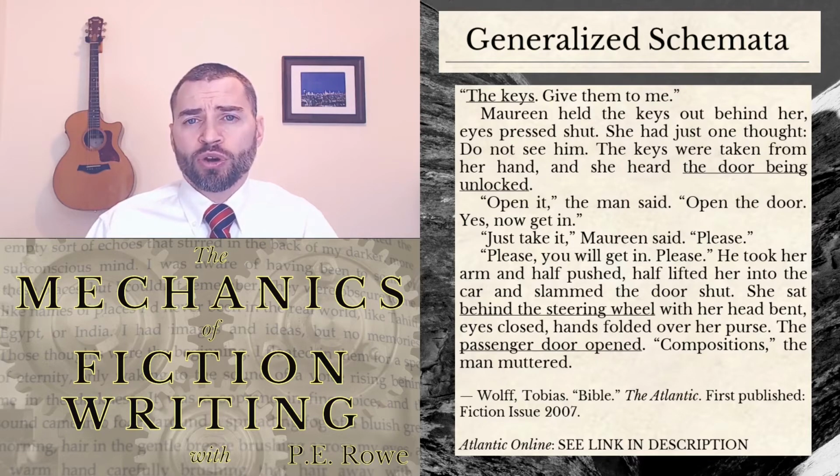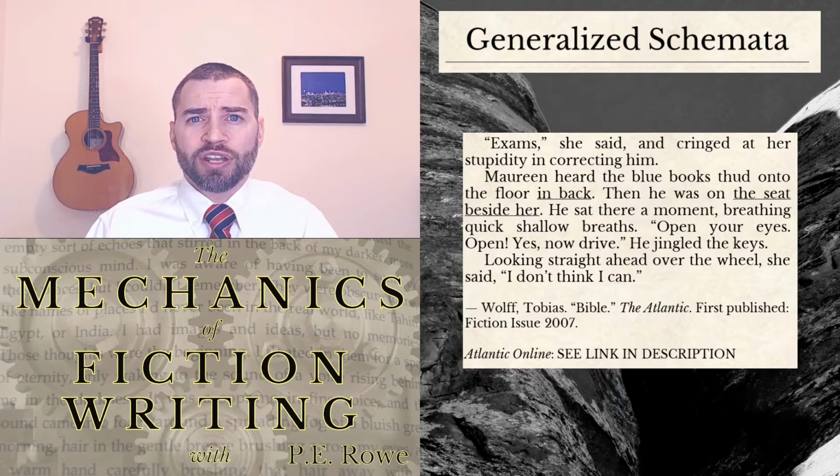The passenger door opened. Compositions? The man muttered. Exams, she said, and cringed at her stupidity in correcting him. Maureen heard the blue books thud onto the floor in the back. Then he was on the seat beside her. He sat there a moment, breathing quick, shallow breaths. Open your eyes. Open. Yes, now drive. He jingled the keys, looking straight ahead over the wheel. She said, I don't think I can.